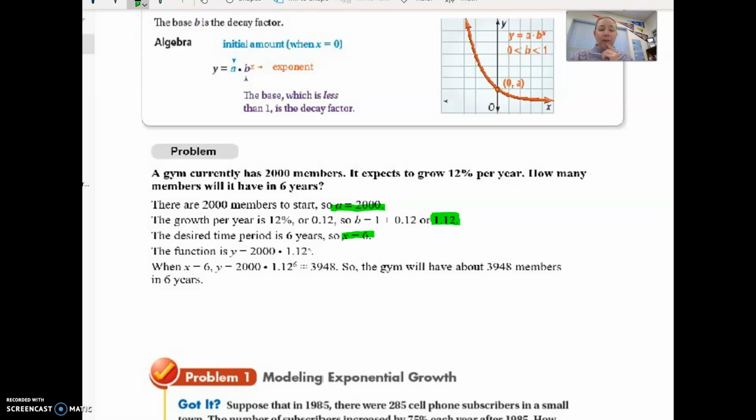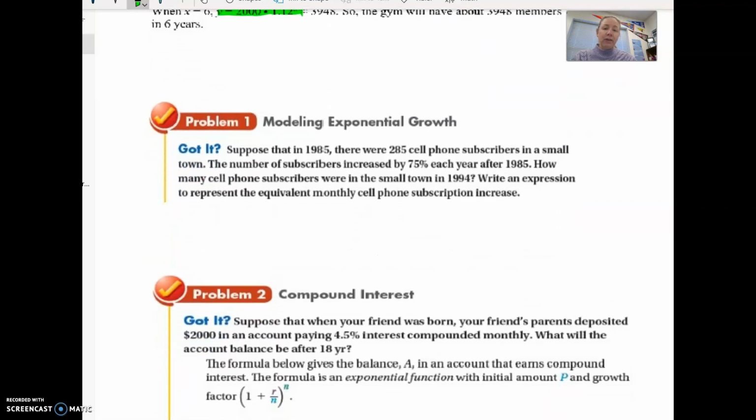And so then we would have our function, y equals 2,000 times our growth factor to the 6th power, which would equal 3,948, which is how many members the gym would expect to have after that 6-year period. So there's an example of how to set it up and how to plug those values into the formula. So let's try one together.